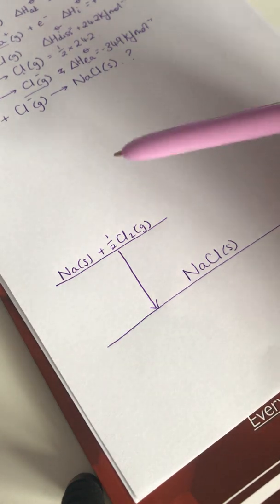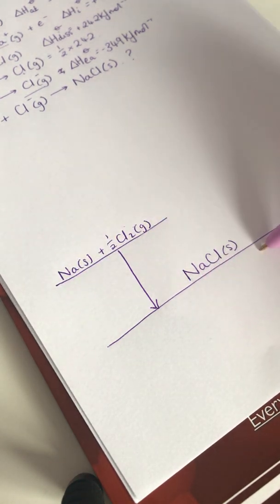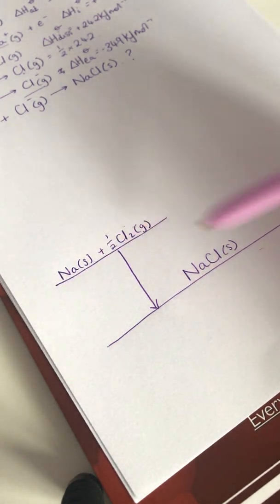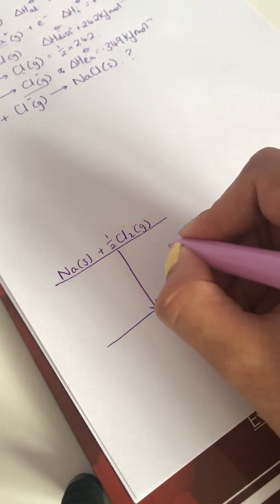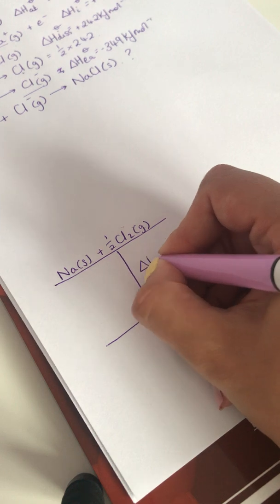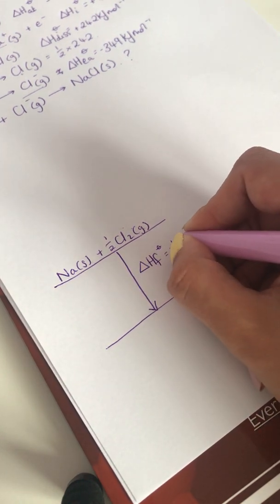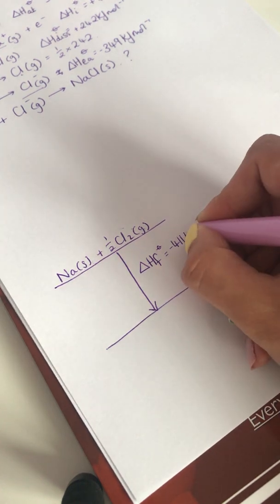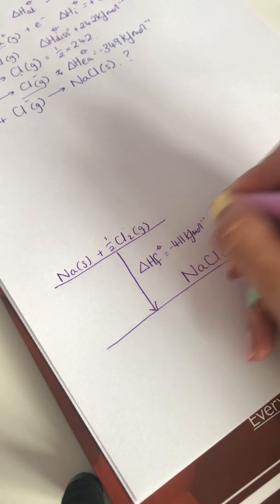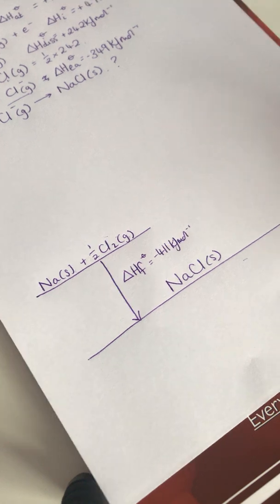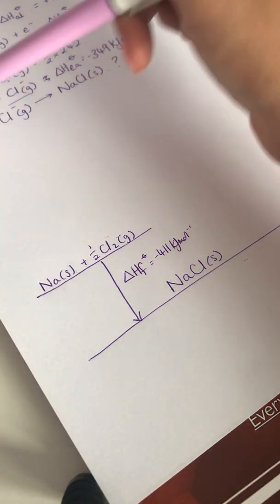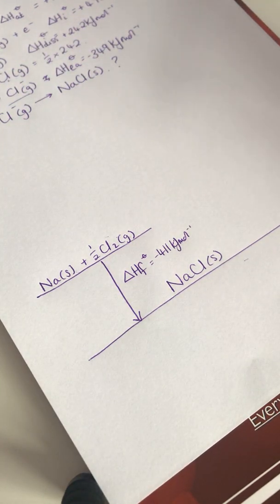Notice how my arrow points from my reactants to my product, and that I've got my state symbols in there as well. This is an enthalpy of formation, so I'm going to put that on my diagram. It has a value of minus 411 kilojoules per mole. The idea is that I should be able to put together a cycle on here that allows me to work out any missing gaps.